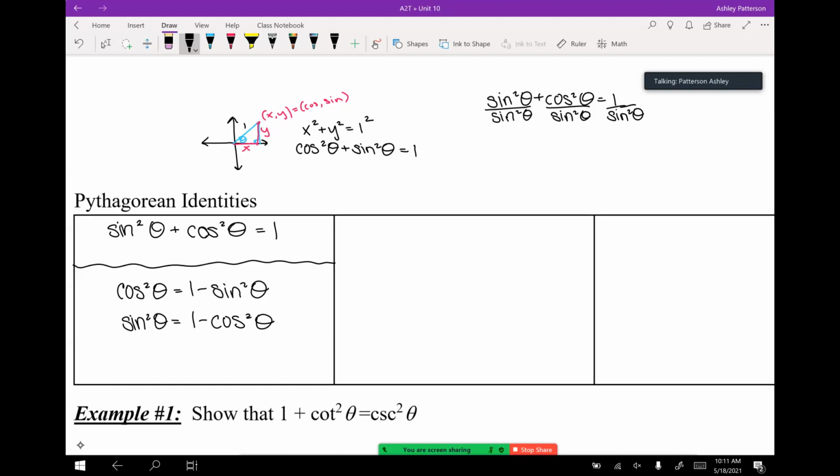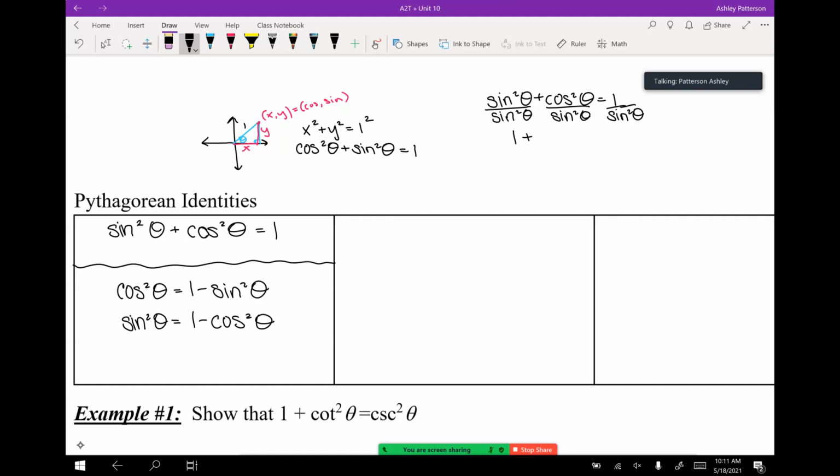Well, what is sine squared theta divided by sine squared theta? Aiden? 1. Yeah, good. It's just 1. What is cosine squared theta divided by sine squared theta? It's okay. Yes! Good.